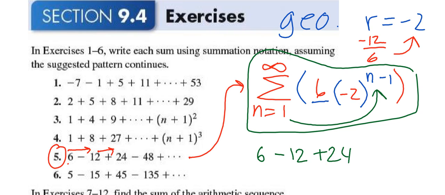Well, that would mean we're starting with the 6th term, and I don't want that. I want to start with the first term. The formula generates the number 6 when I plug in a 1. So I'm just trying to show you what some people do. Okay, we'll practice the next 2 days and test.